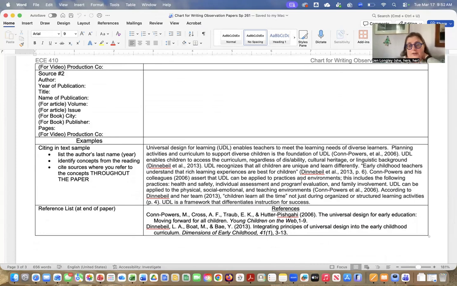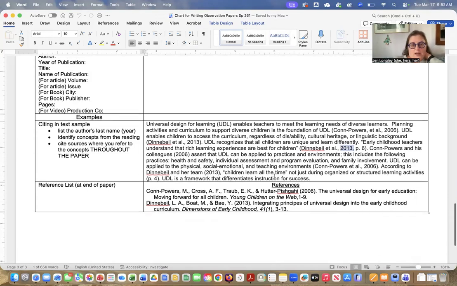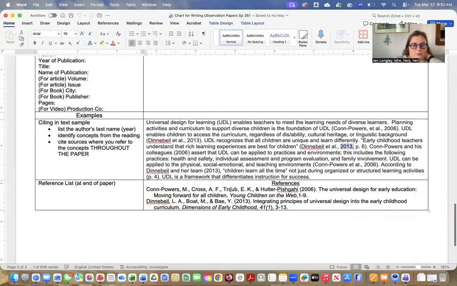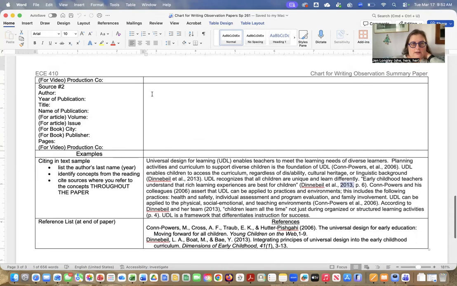We use the authors and the date of the article. Page number if it's a quote. If no quote, no page number. But we use the authors and the date of publication. That's it. We never put the name of the article. The name of the article goes in the references, and the references are here.